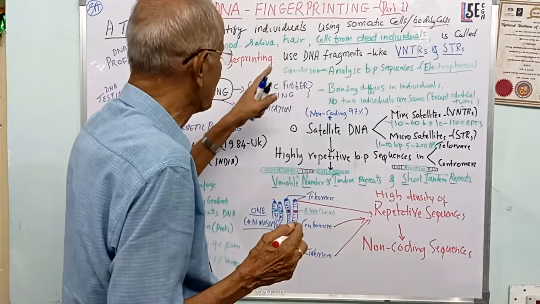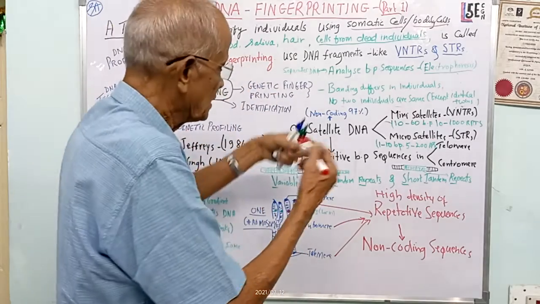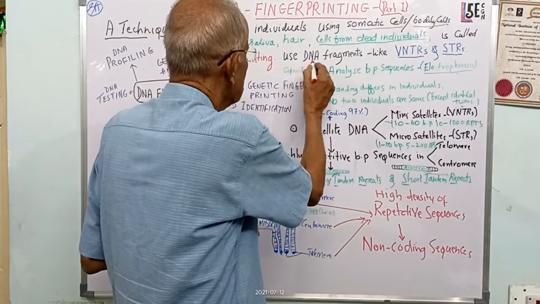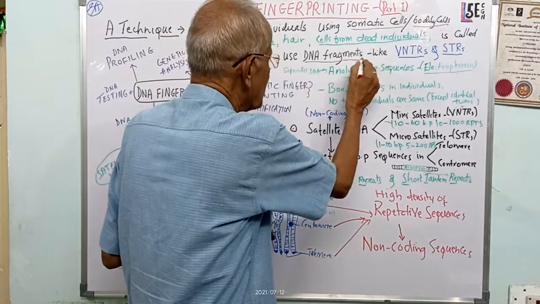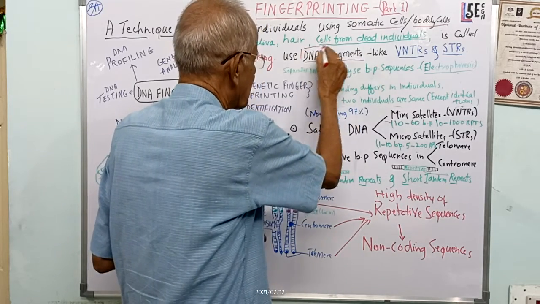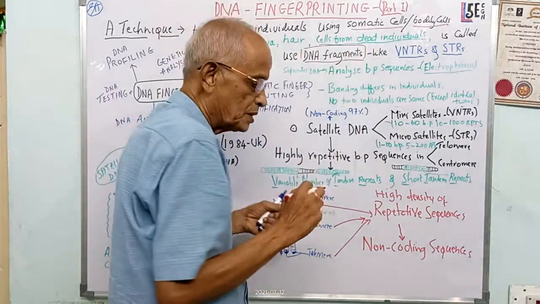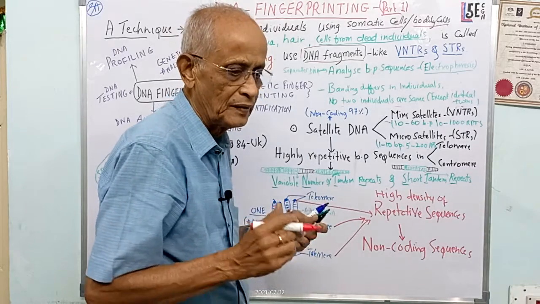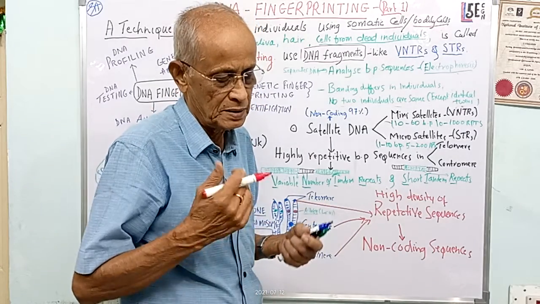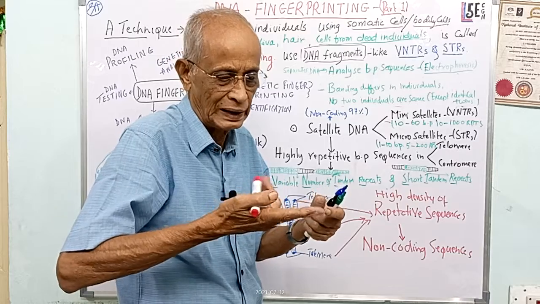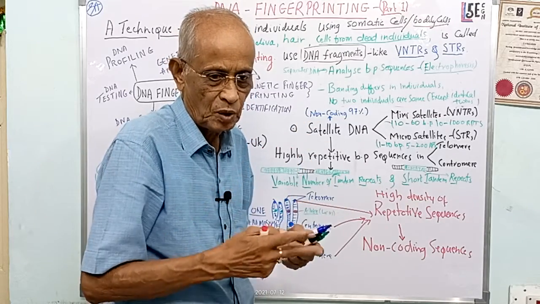So that DNA will be treated and they get DNA fragments from that. So from the bulk DNA, they use the biological cutting scissors.